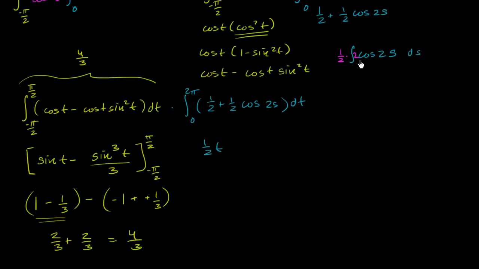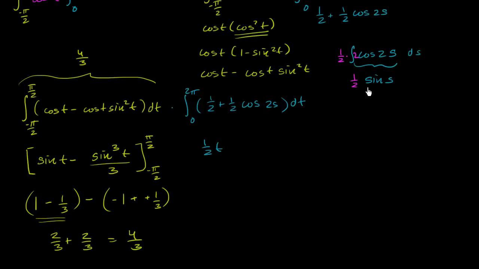But once you have it like this, then this is just like taking the antiderivative of cosine of s. Antiderivative of cosine is sine. So this right over here is just sine of s. And then you have the 1/2 out front times 1/2. And you would have a plus a constant if you were taking an indefinite integral, but we're taking a definite one, so you don't have to worry about the constant.